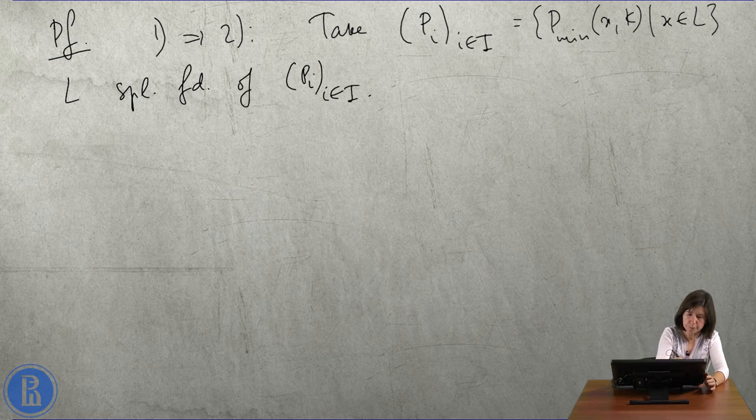2 implies 3. If we are a splitting field, then all homomorphisms have the same image.